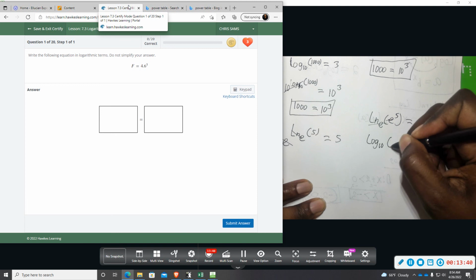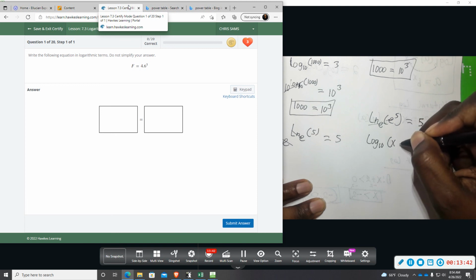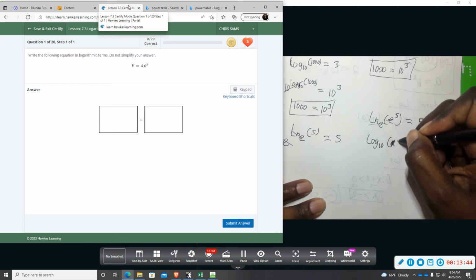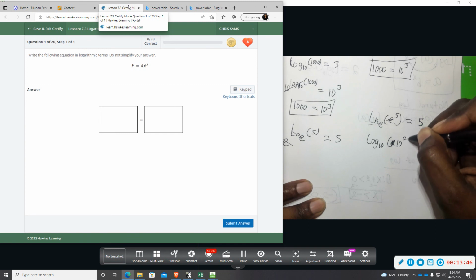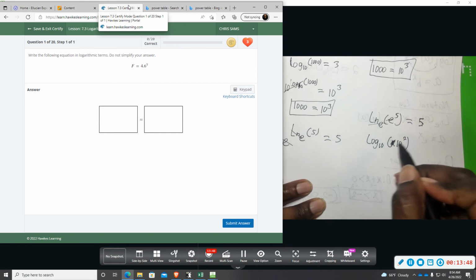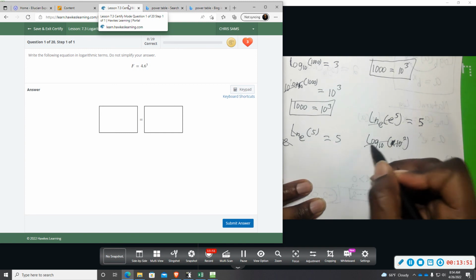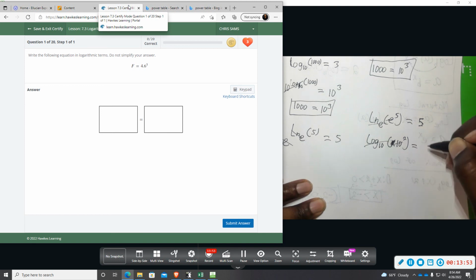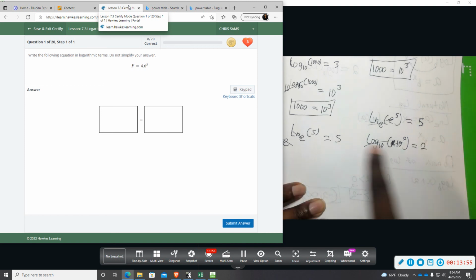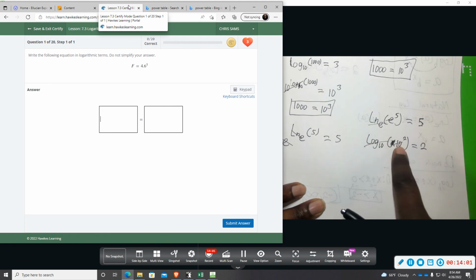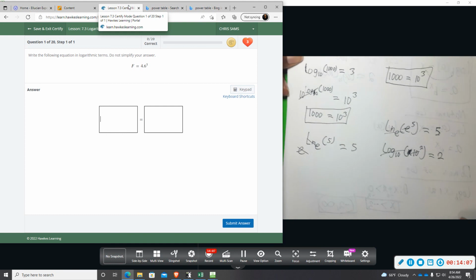If I put 10 raised to the 2nd power inside log base 10, the log base 10 and the 10 cancel each other out, and you would just be left with 2. So it works if it's the base and this is your exponent, and it also works if this is your log and you're evaluating the base inside.